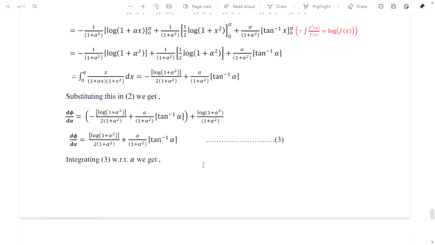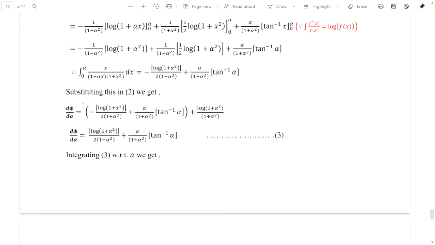Substituting this in equation number 2, we will get d phi by d alpha is equal to minus log of (1 plus alpha squared) by 2 into (1 plus alpha squared) plus alpha, that means whatever we have here I have written, plus the second term.